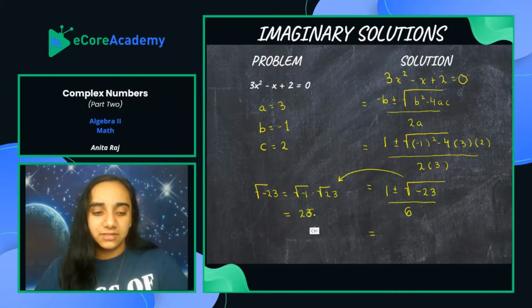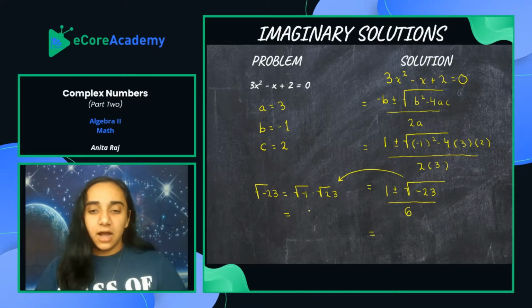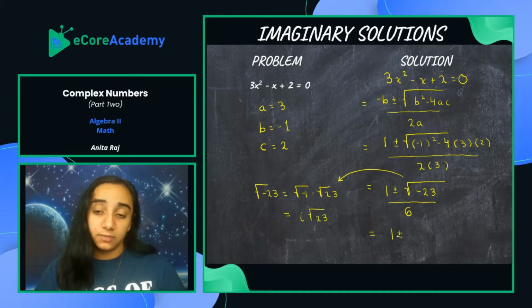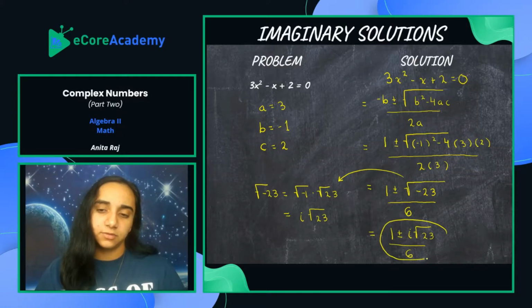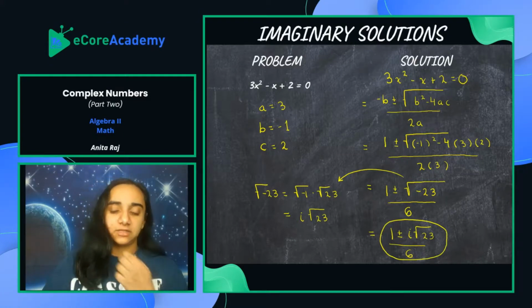I'm getting ahead of myself here. Let me erase that quickly. We will end up getting i times root 23, because 23 can't be simplified. So then our final answer is going to be 1 plus i times root 23 over 6. That is how we solve that problem, very similar to how we did the quadratic formula with the last problem.